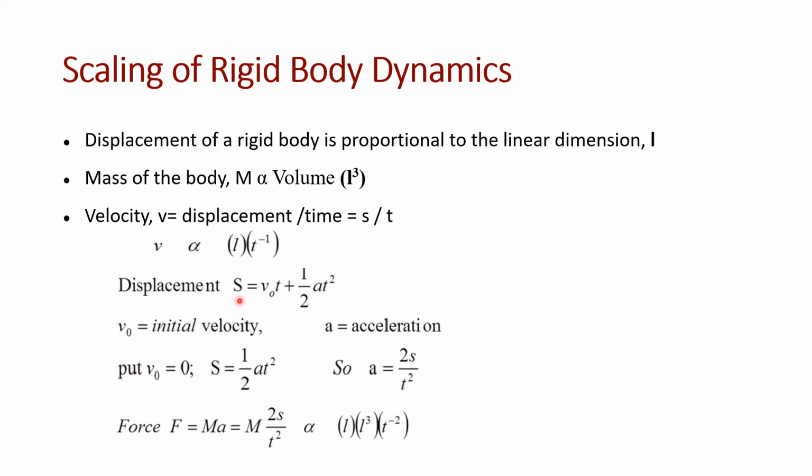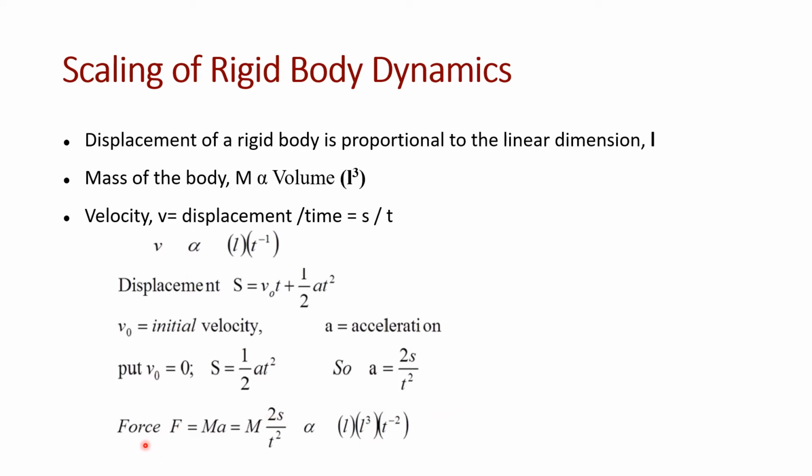Now displacement is given by the formula s equals v0 t plus half a t square, where v0 is the initial velocity, a is the acceleration and t is the time. Now if we consider that the initial velocity v0 equals 0, then the displacement s becomes half a t square, from where we can write the acceleration a equals 2s by t square.